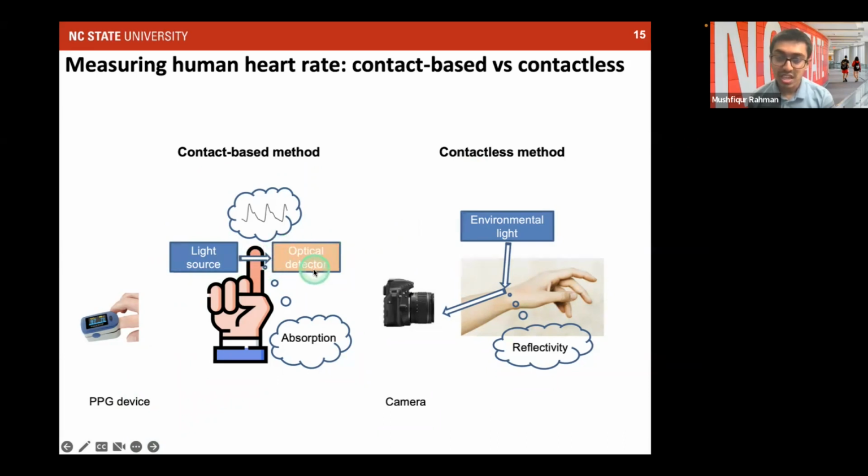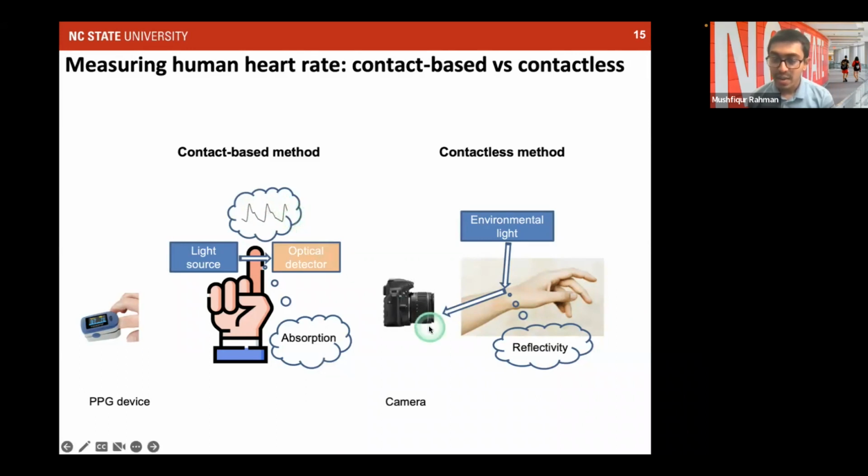So this device measures the absorption of light inside the finger. We know that the absorption depends on the percentage of oxygen in the blood, which depends on how the heart pumps. So this is the signal that corresponds to heart rate information, and we can analyze this signal to get the heart rate.